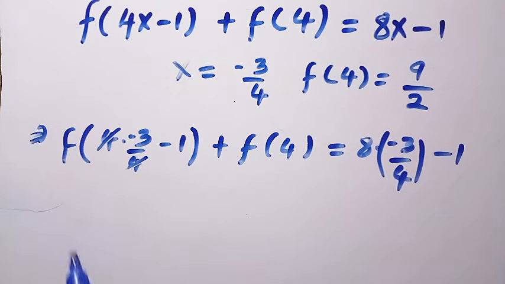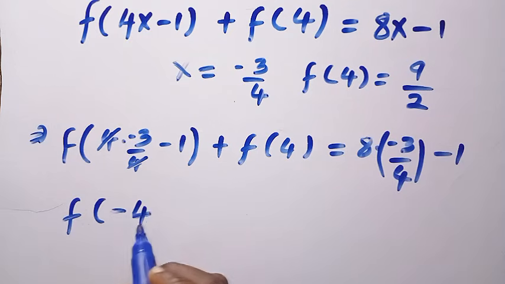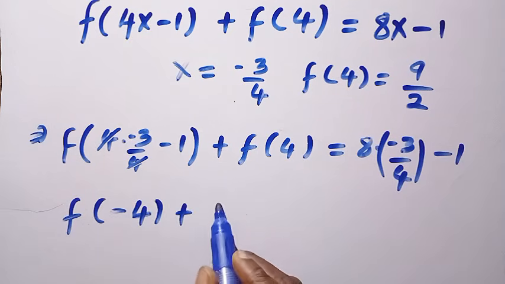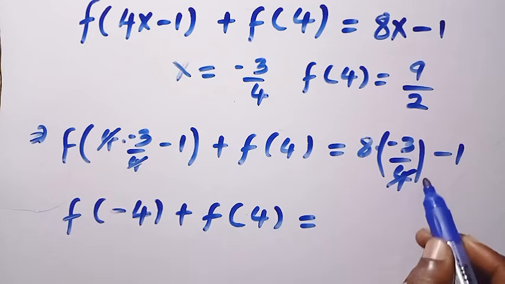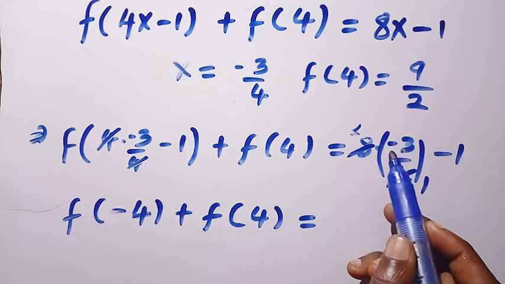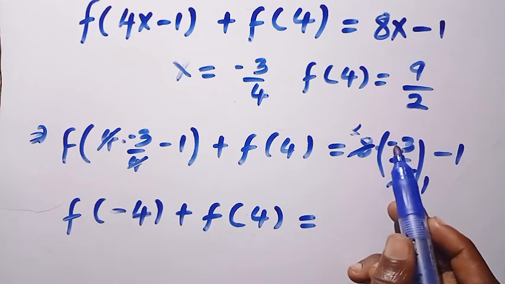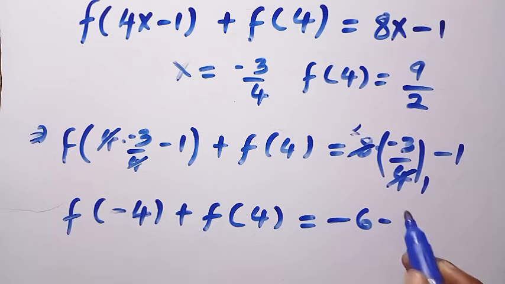So 4 cancels 4, we have f of minus 3 minus 1, that is minus 4, plus f of 4 equals 2 times minus 3, that is minus 6, and minus 6 minus 1.